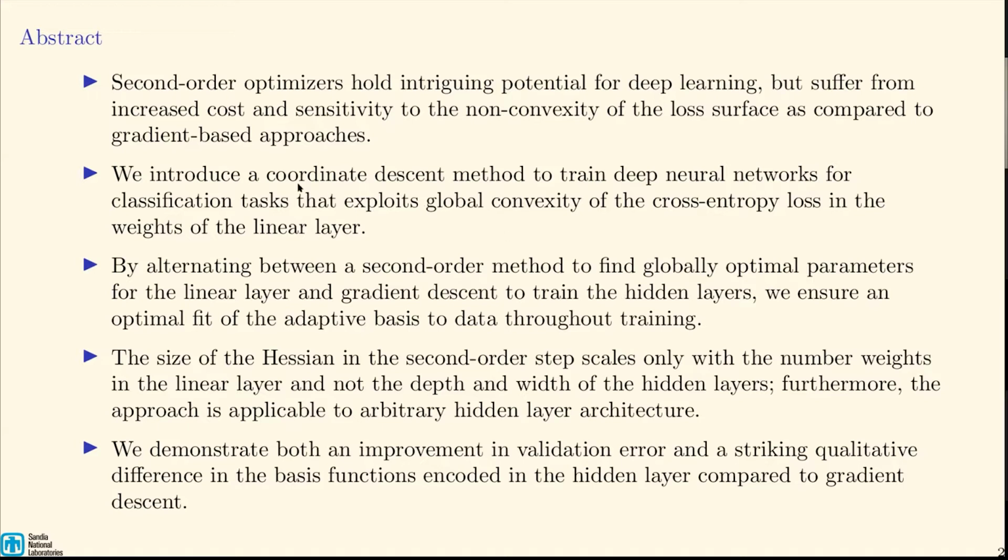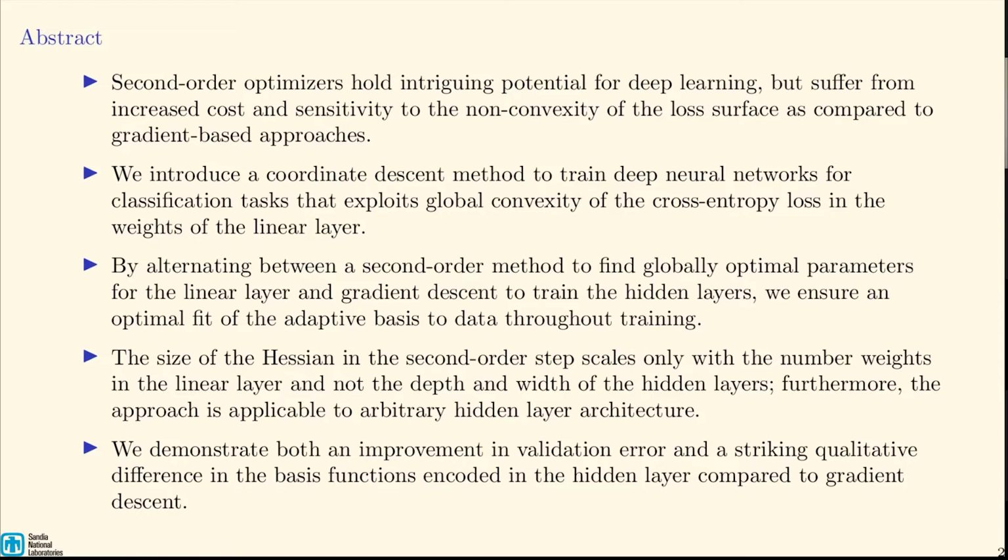Our partition exploits global convexity of the cross entropy loss with respect to the weights of the linear layer, and it makes it worth it to do a second order method on that set of variables. So we alternate between a second order method to find the globally optimal linear layer weights for our deep network, and just a first order gradient descent method to update the hidden layer weights.